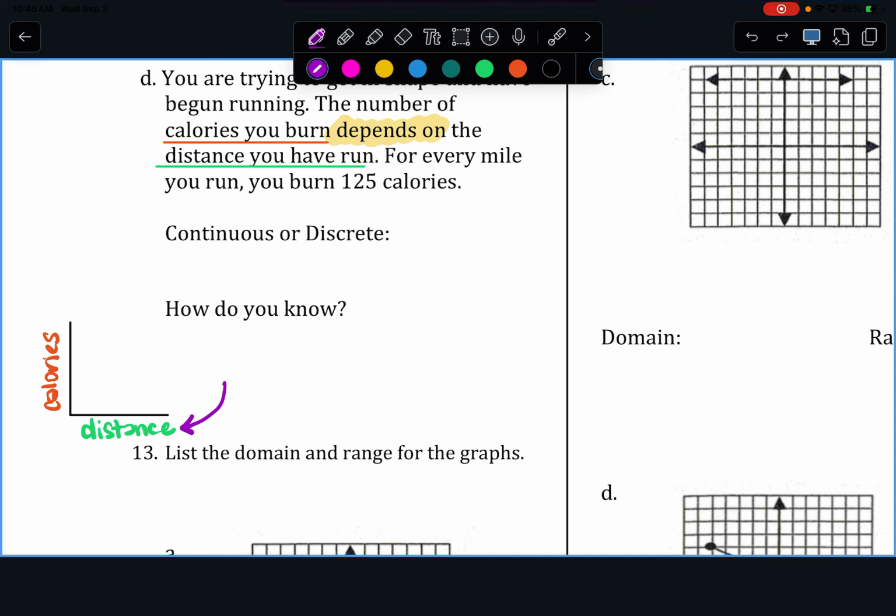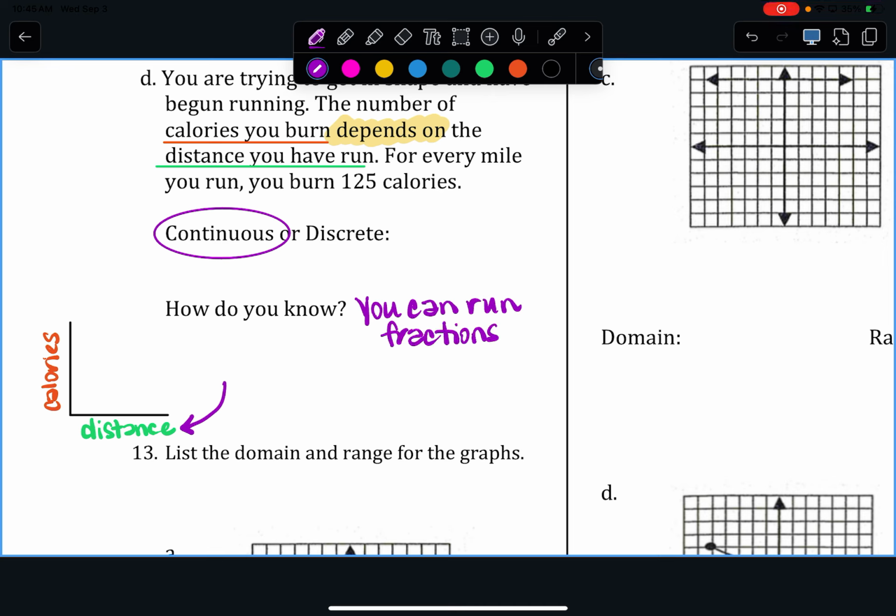Sure. Can I run a third of a mile? Yes. Can I run 6.2795 miles? Sure. Right? So this is definitely continuous. So you can run fractions of a mile. Or if you just want to use 1/2 as the example, you can run half a mile, you can run a third of a mile. I would totally take that as well. Okay.